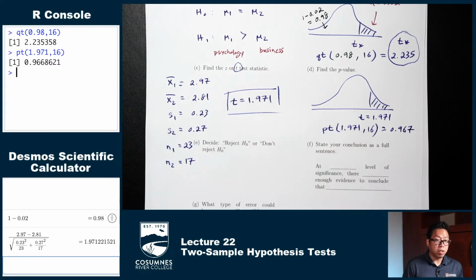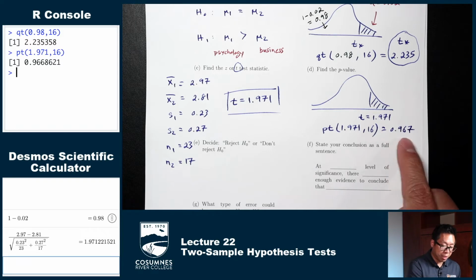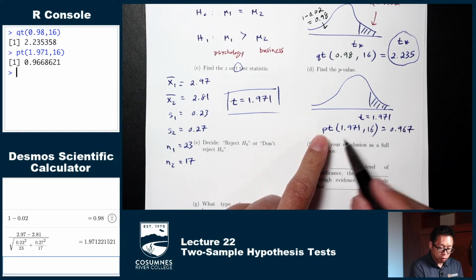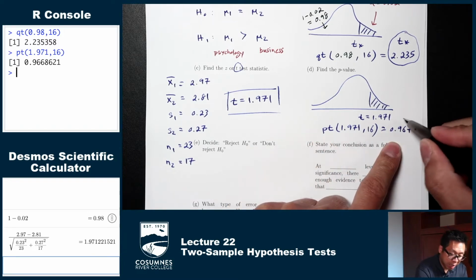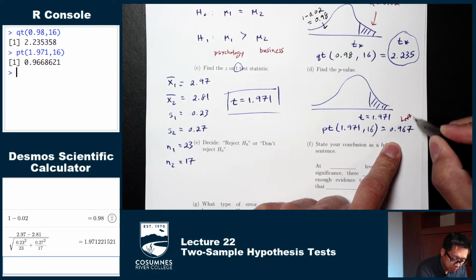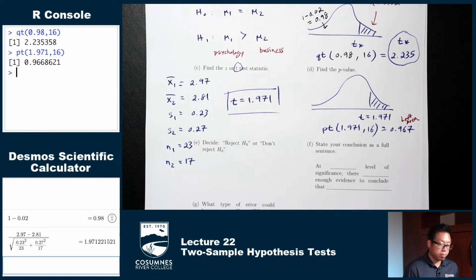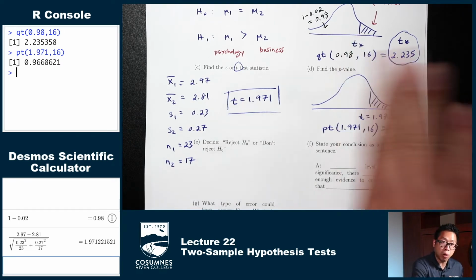Okay, p-values should be pretty small numbers. 0.967, that's a big number. So we're not done yet here, because the way pt and pnorm work, you plug in z's or you plug in t, df, it spits out a left area. Are we looking for a left area here? No, right? We're looking for this shaded area on the right side.